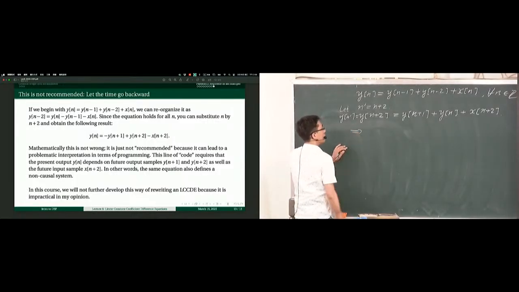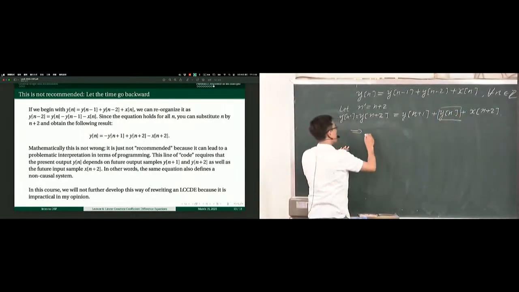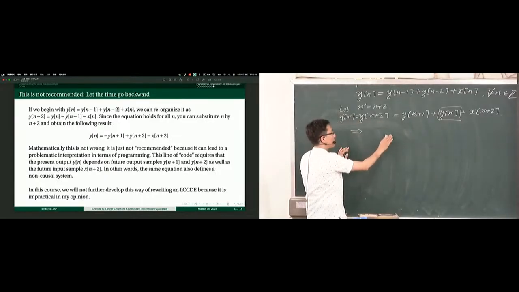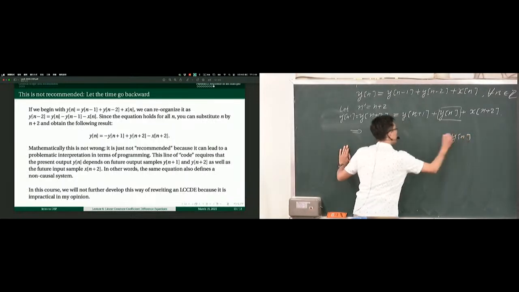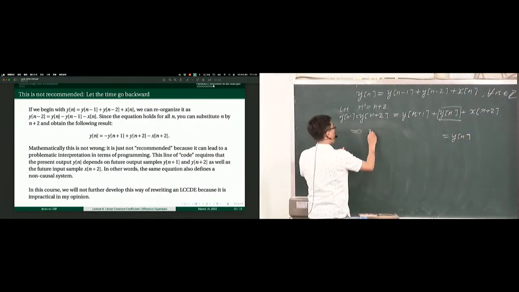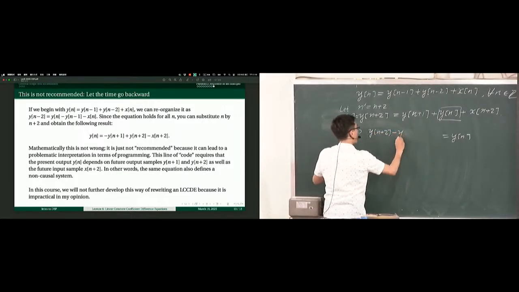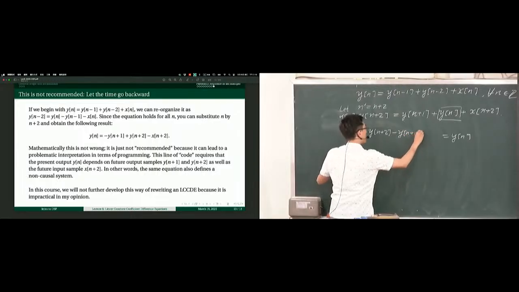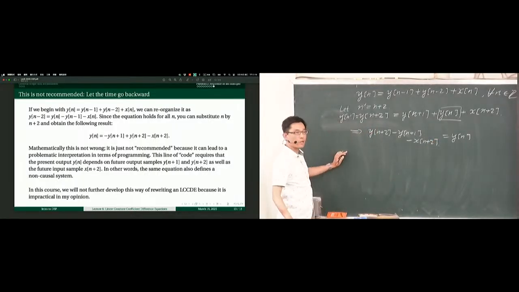Now let's keep y_n on this side of the equation and move everything to the other side. Then y_n equals y_(n+2) minus y_(n+1) minus x_(n+2), right? Now the time is going backwards, sort of.